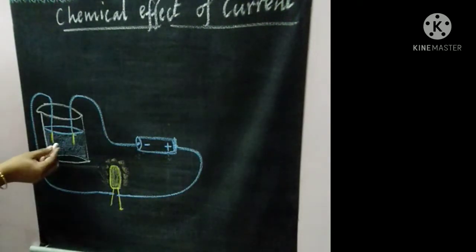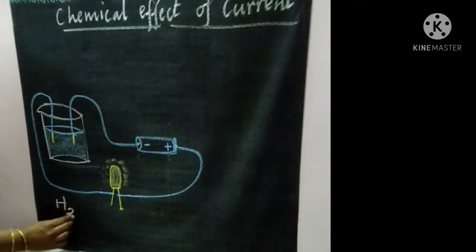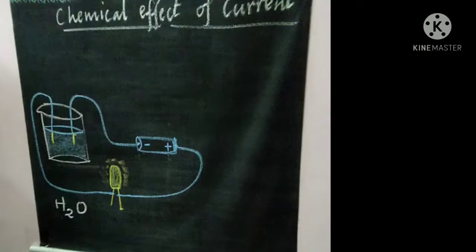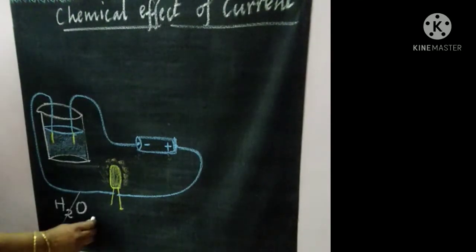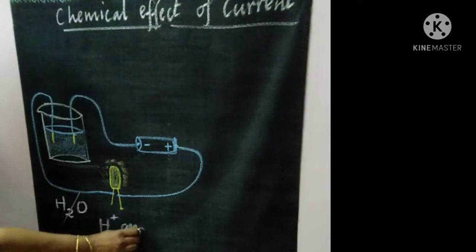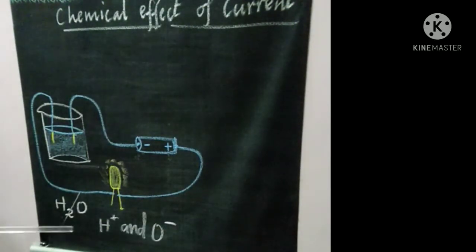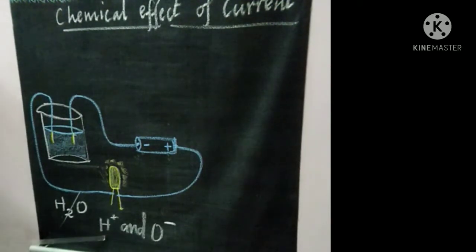For example, if it is water, what is the formula for water? H2O. It gets dissociated into H plus and O minus. This H plus and O minus are the ions.